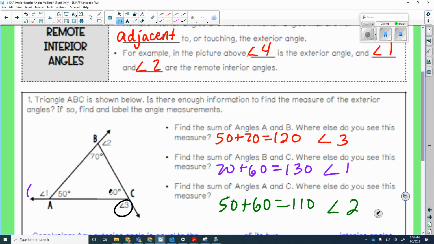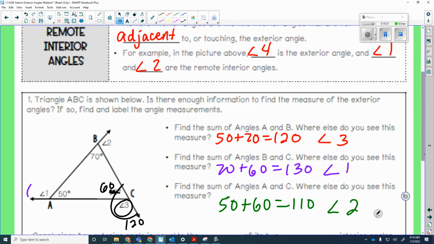But pretend I wasn't given that 60 right now. What else could I do to figure it out? I could say that 70 plus 50 is 120, and then 180 minus 120 is 60, and then I know these guys make a straight line, so 180 minus 60 is 120.